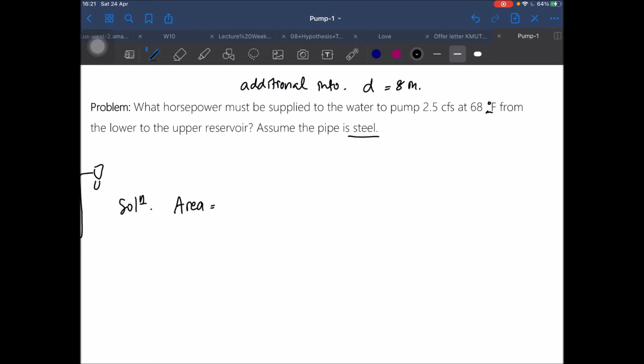I think it's linked with another exercise, so I'm so sorry. So area equals 1/4 d squared pi. It equals 1/4 multiplied by 8 inches squared, multiplied by 3.142.